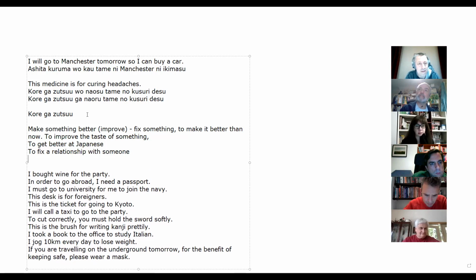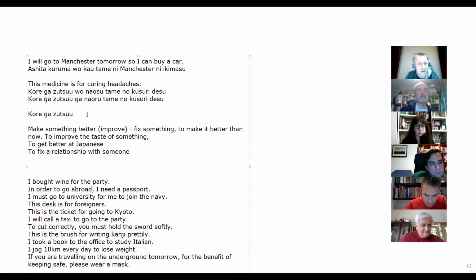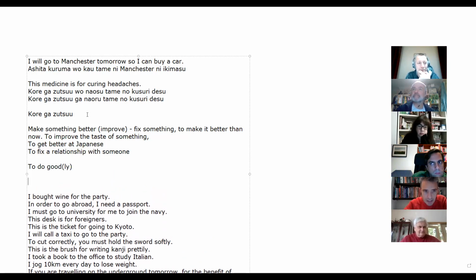Use this one term, which I'll write in English first, and then you have to try and translate it into Japanese. My advice is to just do it directly, a direct translation. To do good. Just translate it exactly as this.